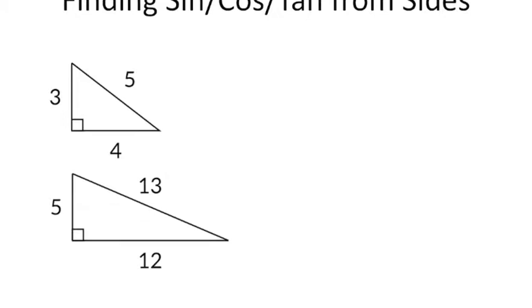Okay, so we want to find out what would be the sine, cosine, and tangent of this. Let's look at this angle. Let's call this angle theta. So we have sine theta. If you recall from the definition, sine theta is opposite side, which is 3, over hypotenuse, which is 5.